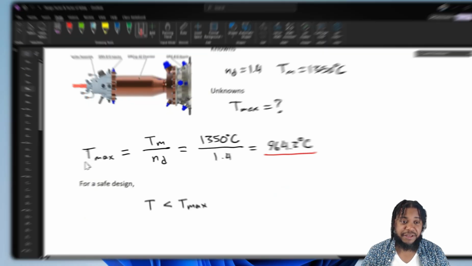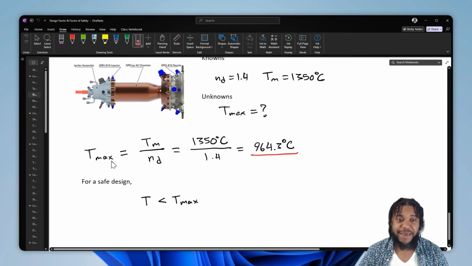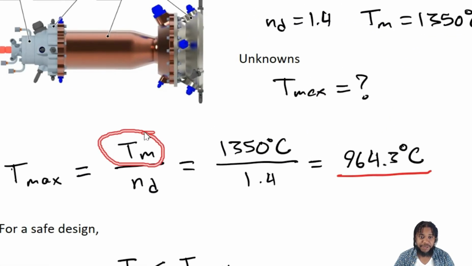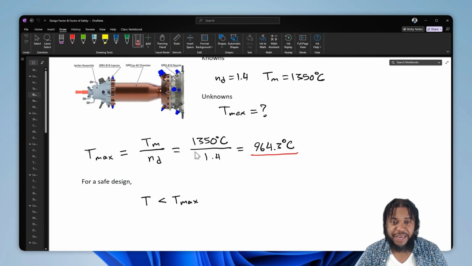Well, let's say the allowable max temperature, T max, is equal to the material property of melting temperature divided by the safety factor for temperature. We go ahead and put our numbers in, 1350 divided by 1.4.